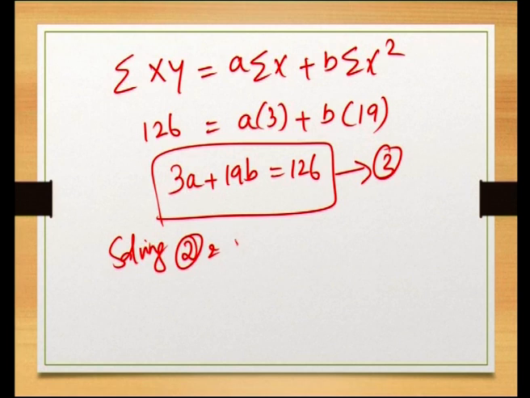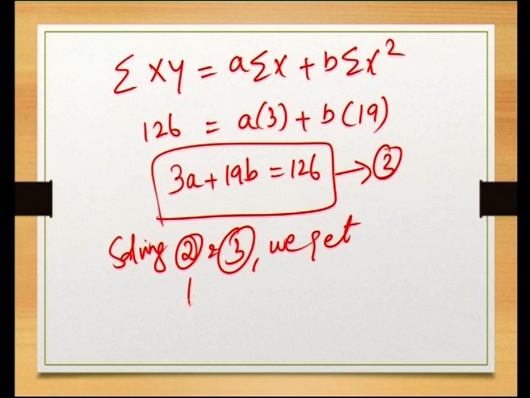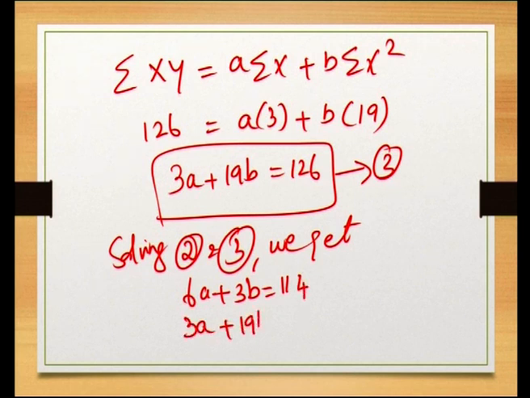Solving 2 and 3, we write the two equations together: 6a plus 3b is equal to 114 and 3a plus 19b is equal to 126. To solve, just multiply the second equation with 2.